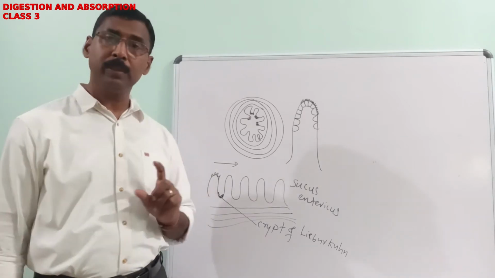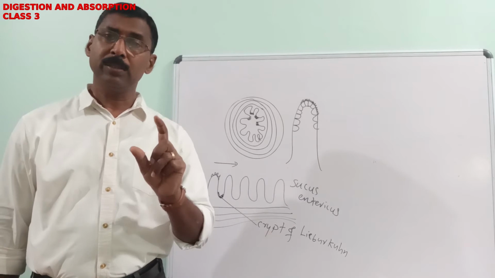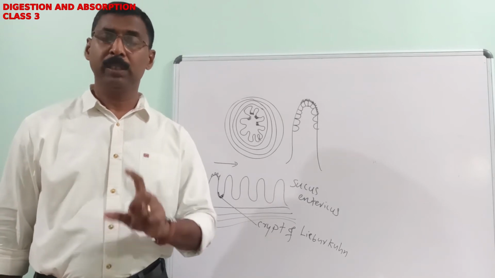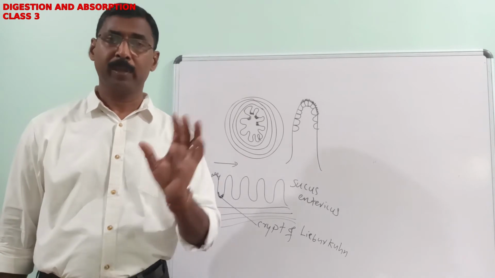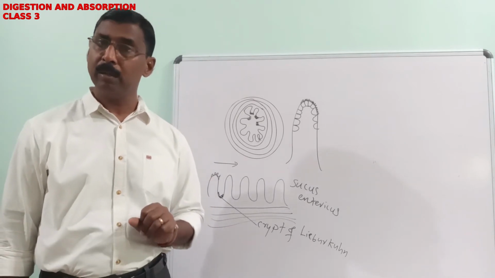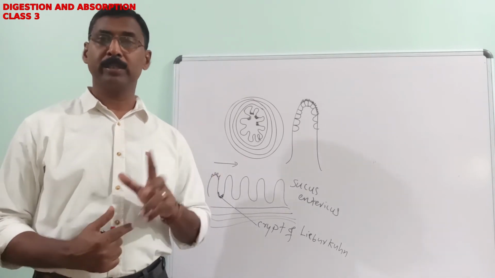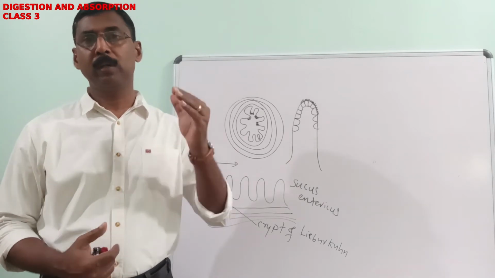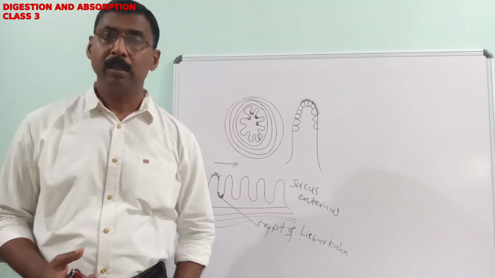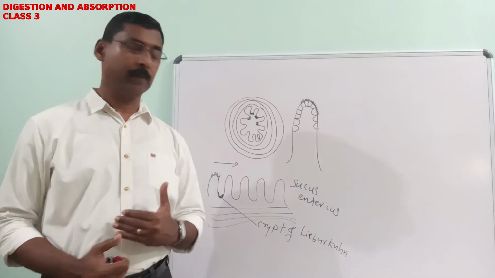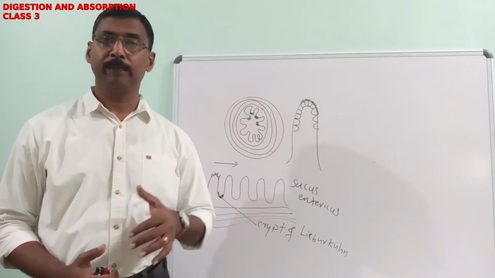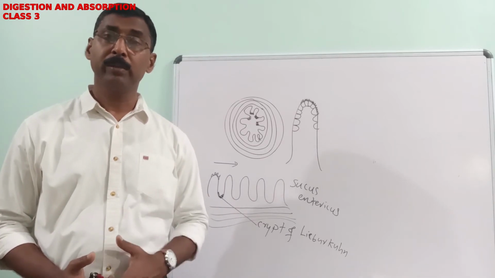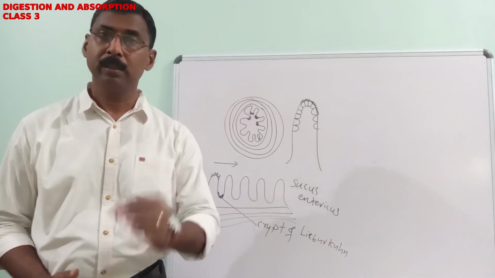And the second layer is muscularis, which has 2 layers of muscles, a circular muscle layer and a longitudinal muscle layer, whose alternate contraction and relaxation brings about the peristaltic movement throughout the length of the alimentary canal. And the third layer is the submucosa, which is made up of loose connective tissue, blood vessels and nerves.